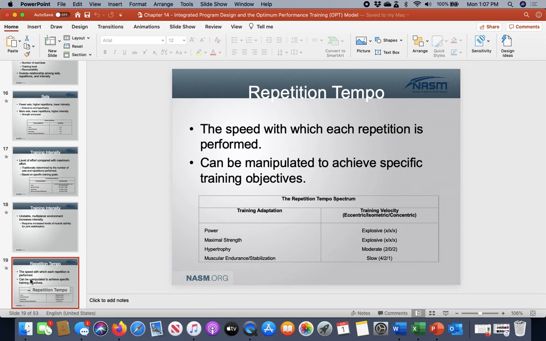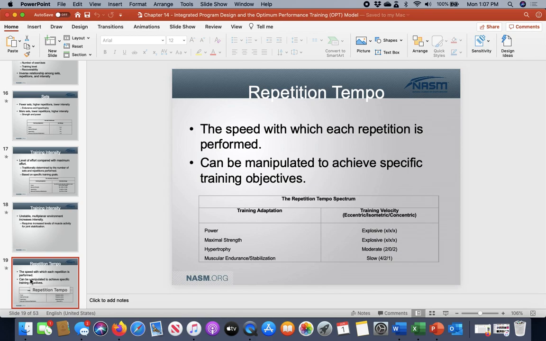Hypertrophy, on the other hand, when you see it's moderate, what that means is a 202 tempo. That's your tempo. 202. So 2 is 2 seconds, 0, and then 2 again is 2 seconds. Just say I like to use barbell curls with this, for example. You have a barbell in your hand, you're trying to do bicep curls. Whatever weight you have it loaded on, it's going to be very difficult trying to do a max load under tempo.